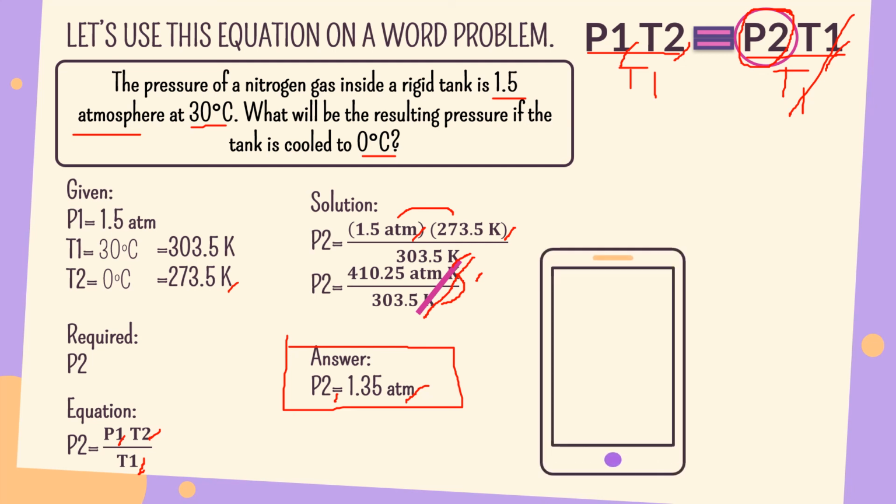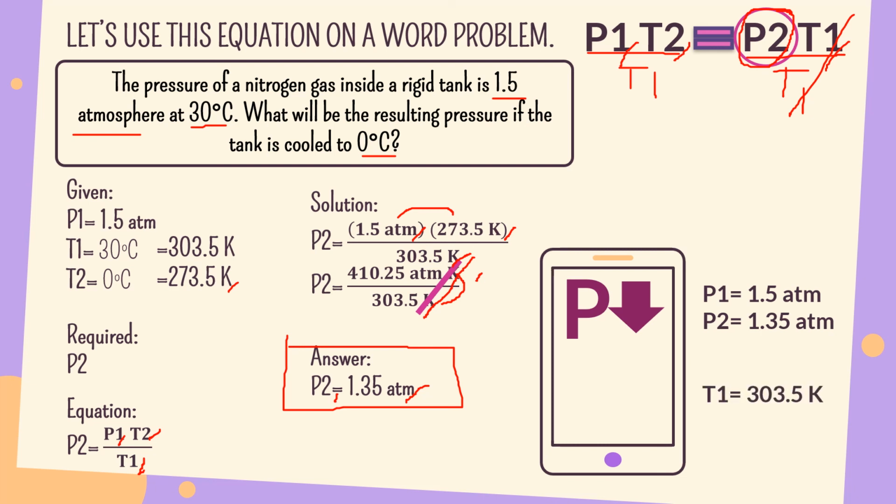Now let's take a look at what happens to the pressure and temperature in this word problem. We have an initial pressure of 1.5 atm and a final pressure of 1.35 atm. Is there an increase or decrease in pressure? As you can see, from 1.5 to 1.35, there is a decrease in pressure.